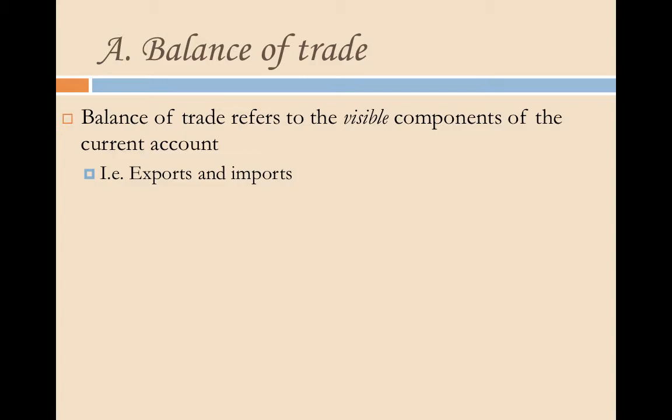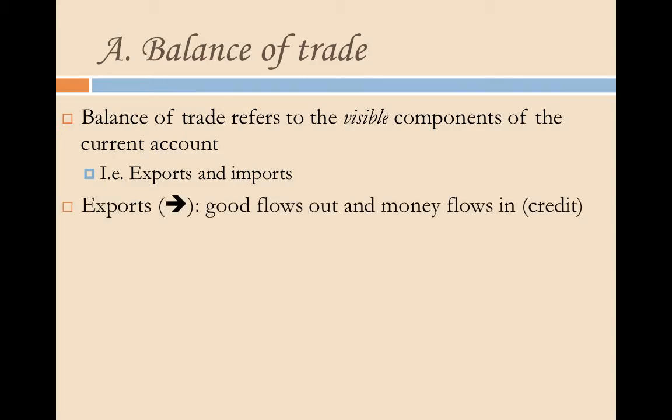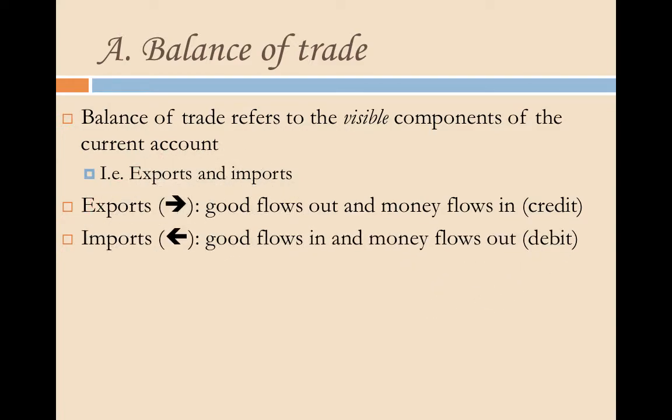Just note that when we sell an export, a good flows out and money flows in, it's a credit. Conversely, with imports, a good flows in and money flows out of our country, that's a debit.